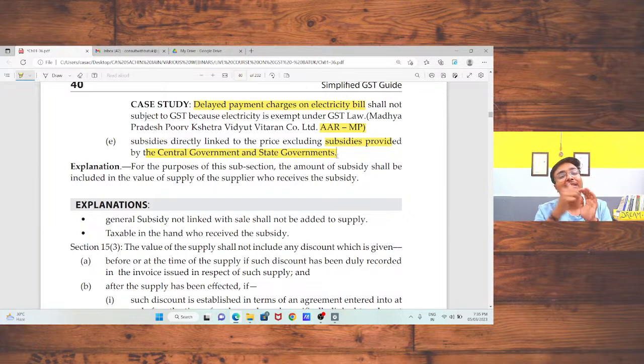In that case the price is 19,500 and I need to charge the GST on 19,500 only. But if I get any subsidy from the central government or state government, that subsidy will not be adjusted from your transaction value. You need to pay the tax on the whole transaction value. Okay, sir.